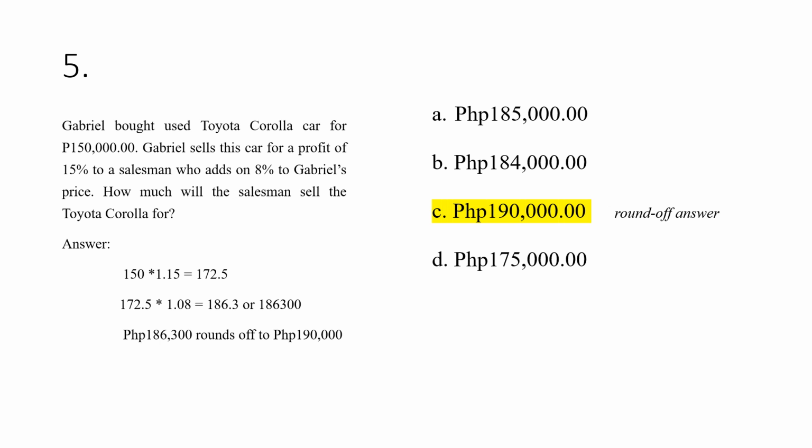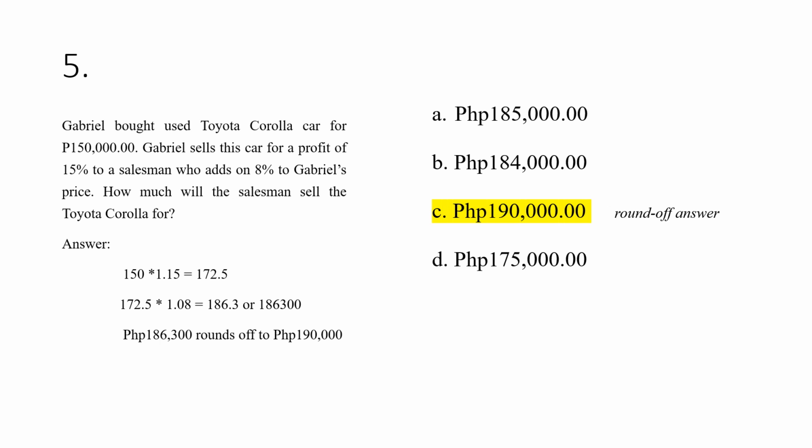So our computation will be, picking up just the 150 of the 150,000, 150 times 1.15, which will be the final price for Gabriel before he passes it on to the salesman.